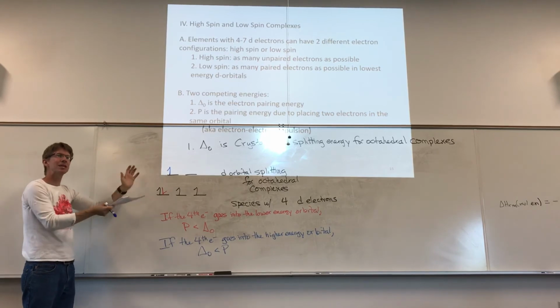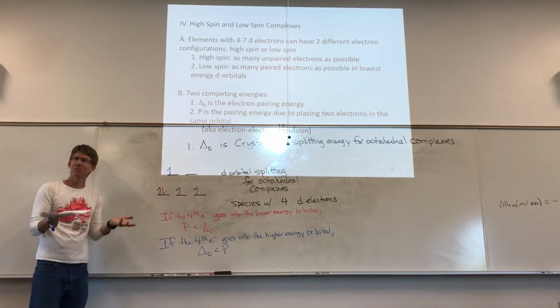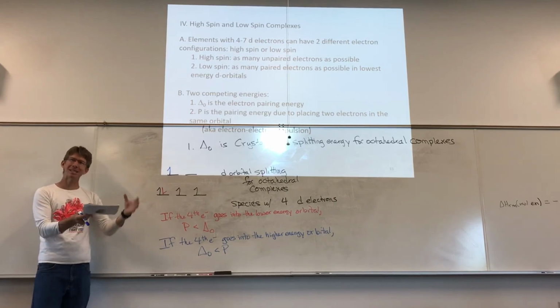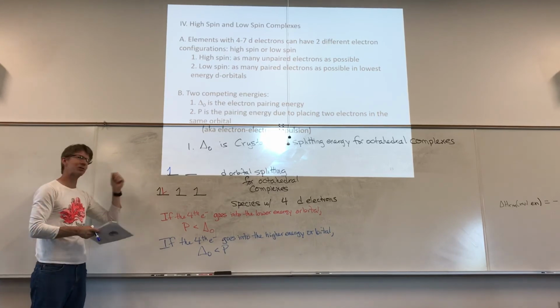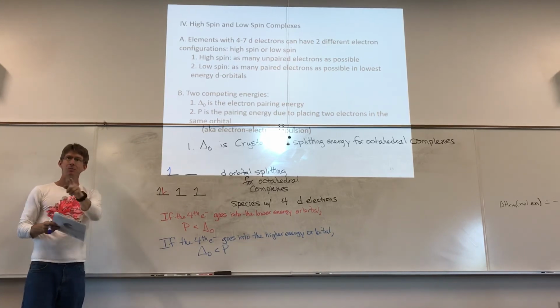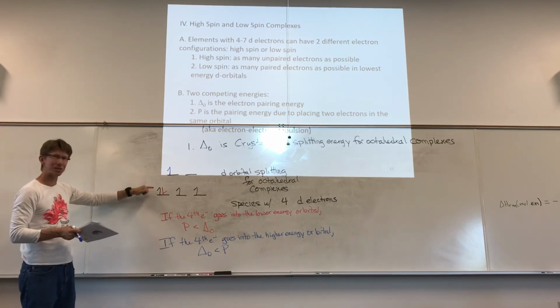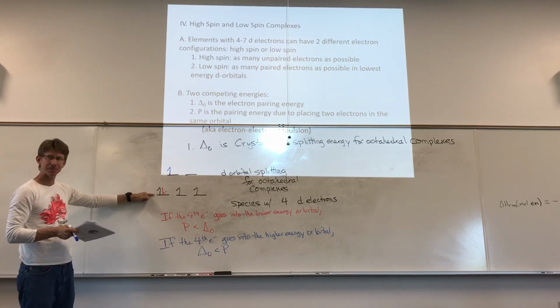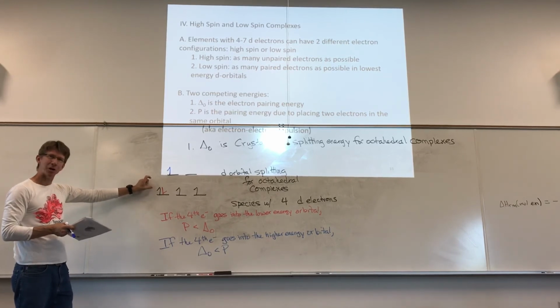And in the end, it's like a puzzle. And you'll have all the pieces to put it together and figure out where the electrons go. But your point is well taken. They don't always necessarily go into the lower energy. And the reason for that is these are actually not that far apart.